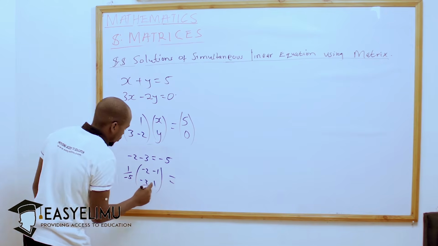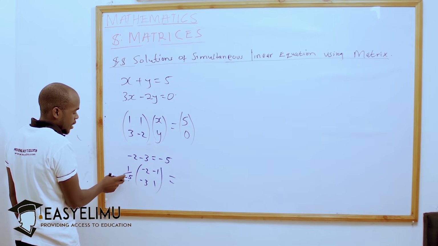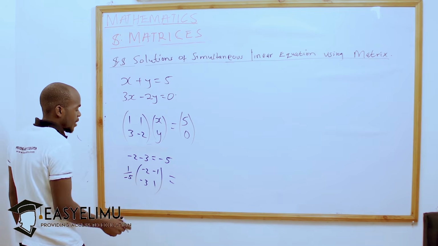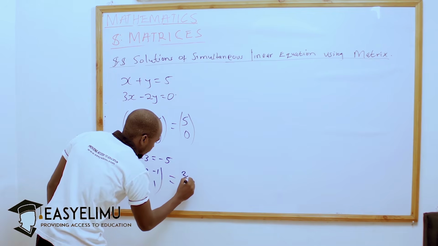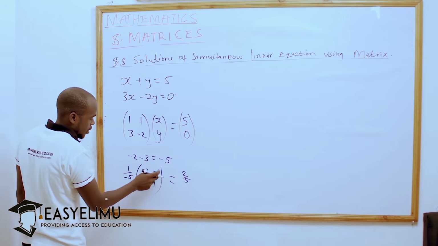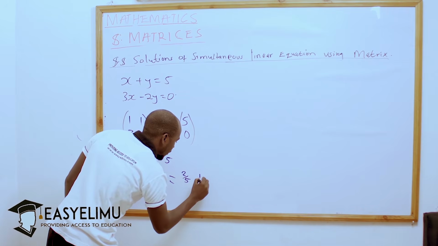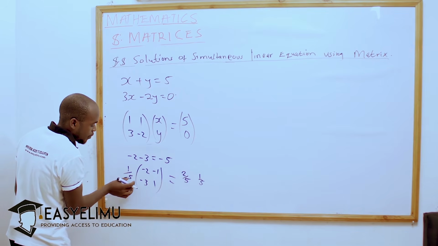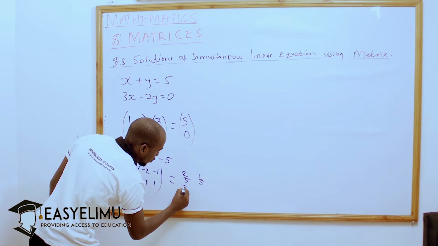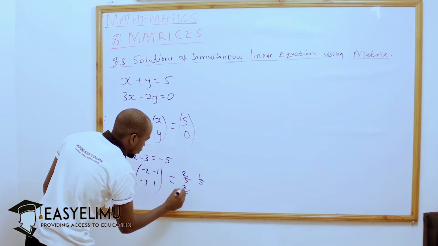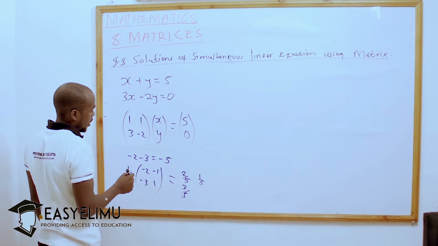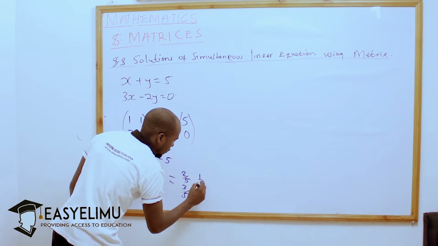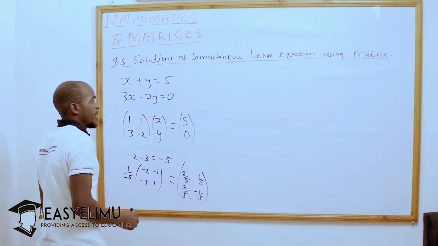We shall find that we are going to have negative 1 over 5 multiplied by that, giving positive 2 over 5, positive 1 over 5. And this is a scalar quantity, so if you multiply by 3, it gives 3 over 5 because negative and negative is positive. And here we are going to have negative 1 over 5. So that's what we find as the inverse.